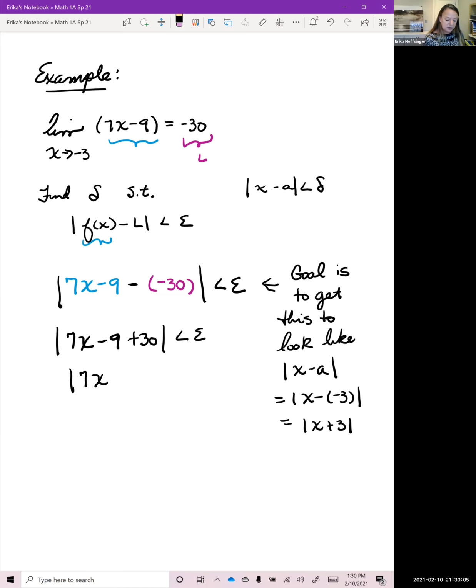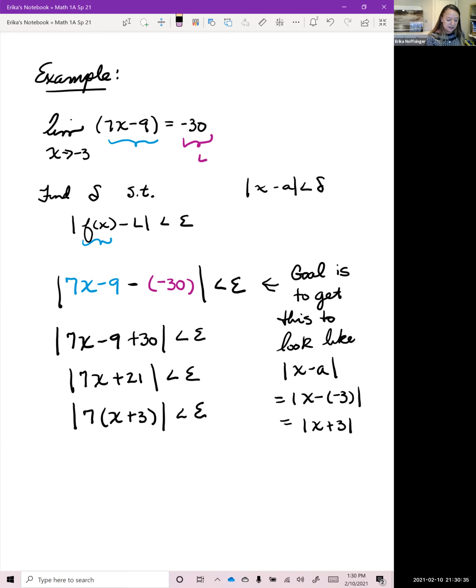Well, -9 plus 30, that's positive 21, is less than epsilon. So we're almost there. Notice that both of those terms inside have a factor of 7, so we can pull that 7 out. So we get absolute value of 7 times the quantity x plus 3, and that absolute value is less than epsilon.